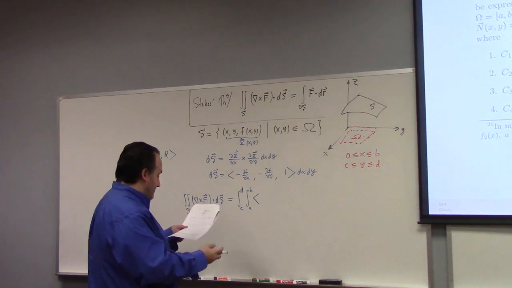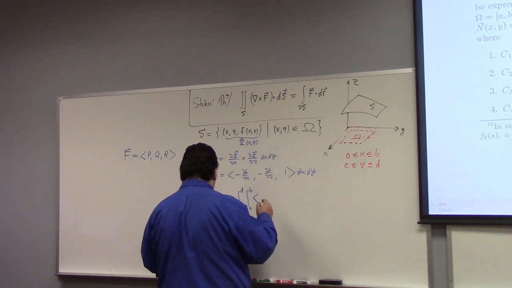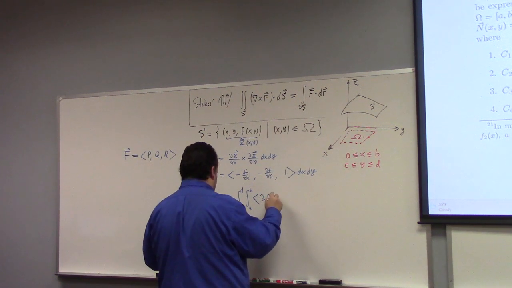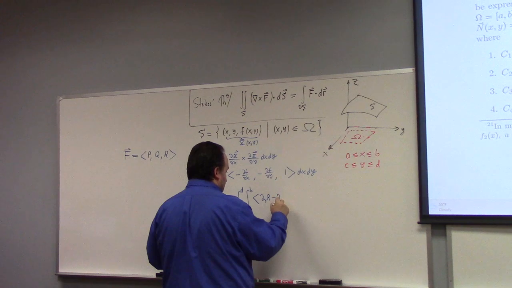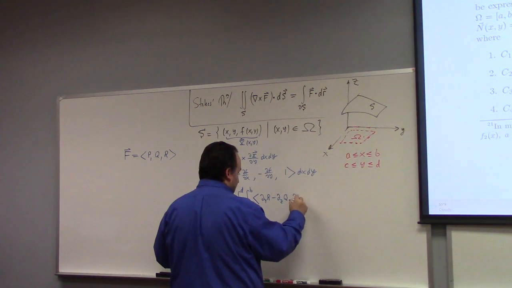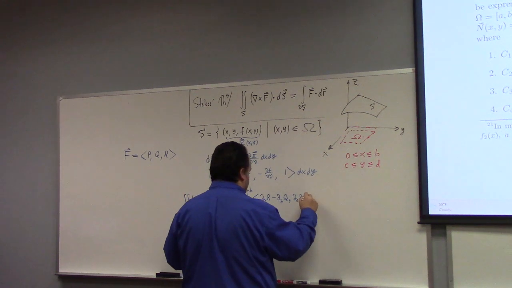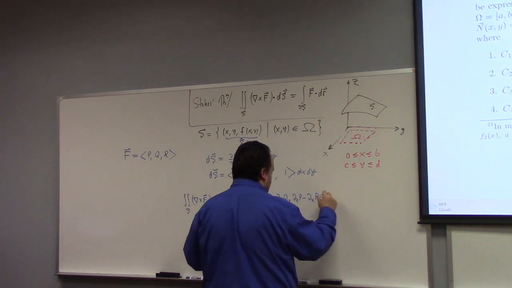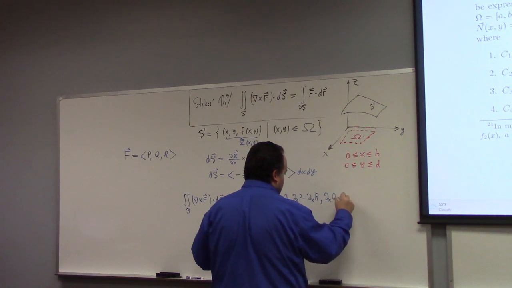But that is a little bit much here, but we've got partial y of R minus partial z of Q, comma, partial z of P minus partial x of R, comma, partial x of Q minus partial y of P.